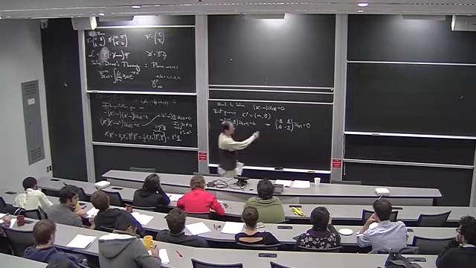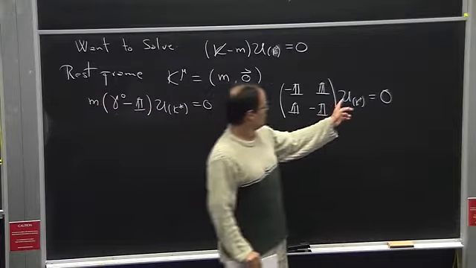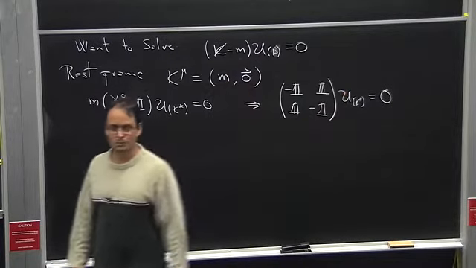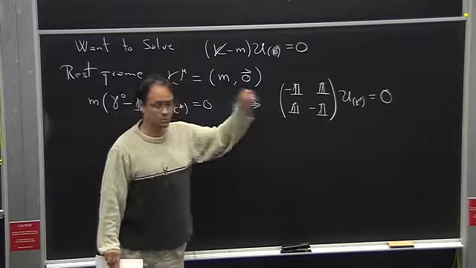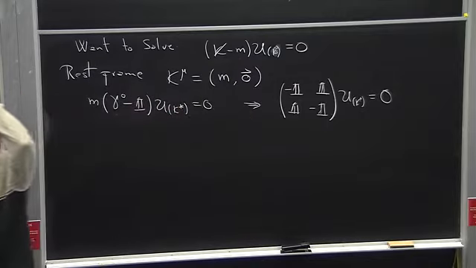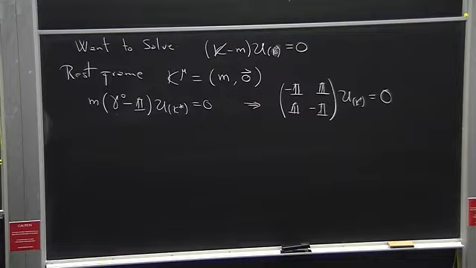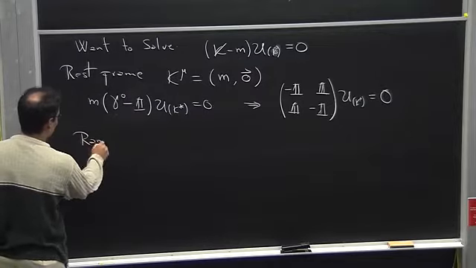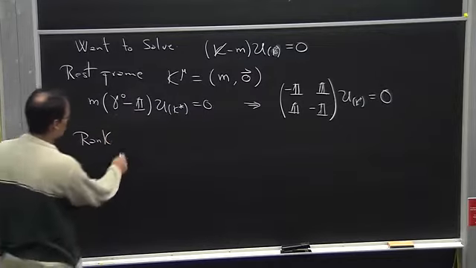In the rest frame, U, this 4-component object, must be a null eigenvector of this matrix. But what is the rank of this matrix? Yeah, the second row is at rank 1.